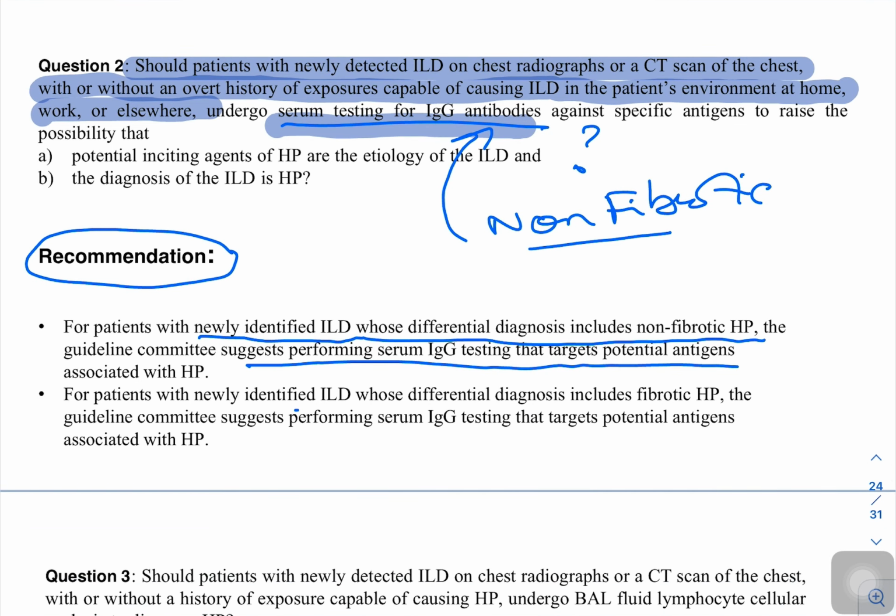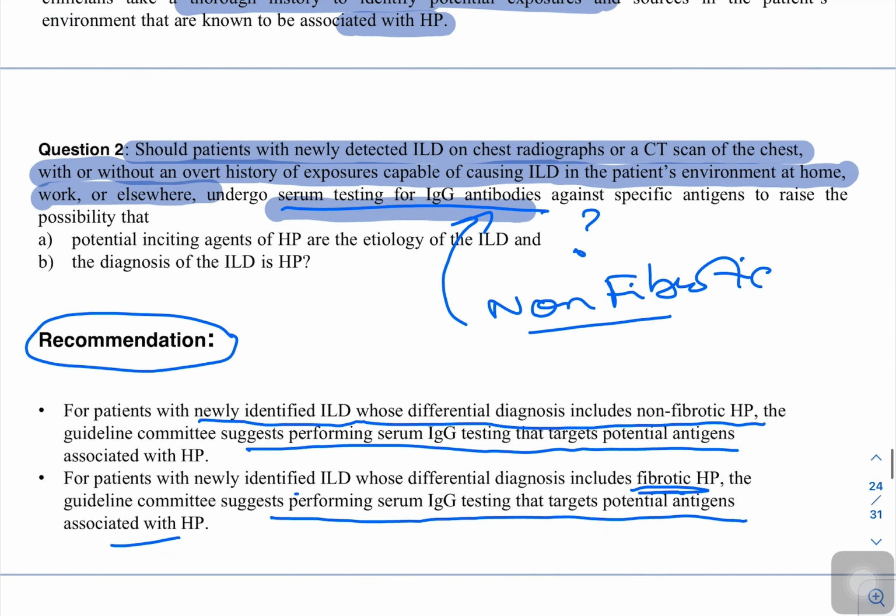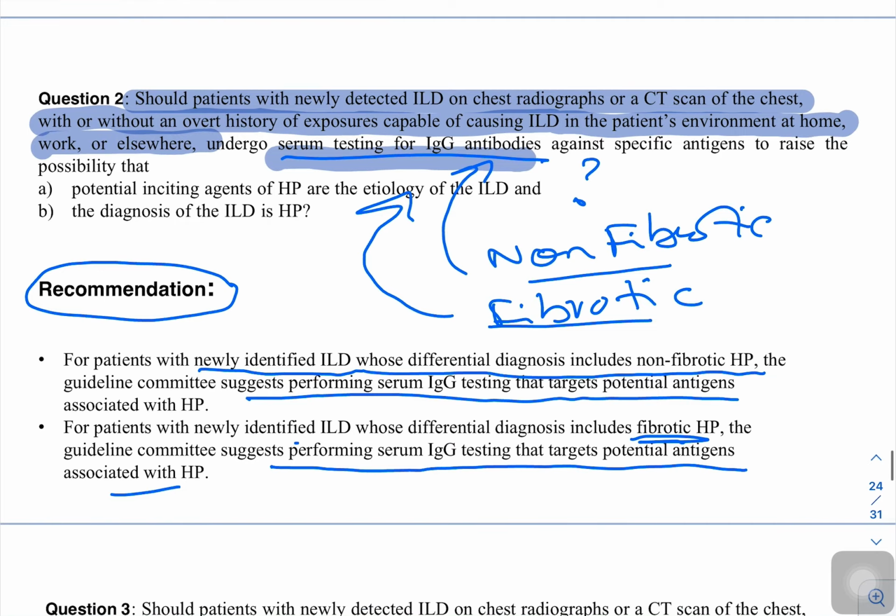And for a patient with newly identified ILD whose differential diagnoses include fibrotic HP, the guidelines committee suggests performing a serum IgG that targets potential antigens. So with both fibrotic and non-fibrotic, we should be doing specific serum antigen testing for IgG antibodies.